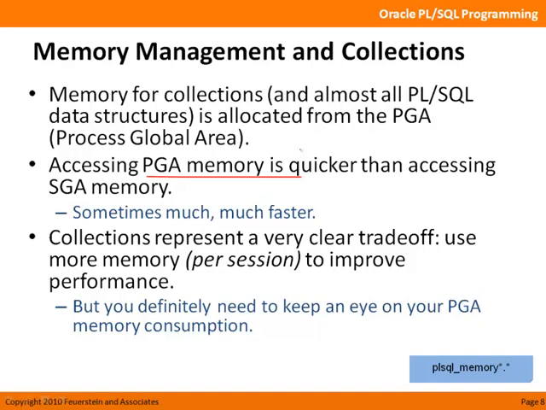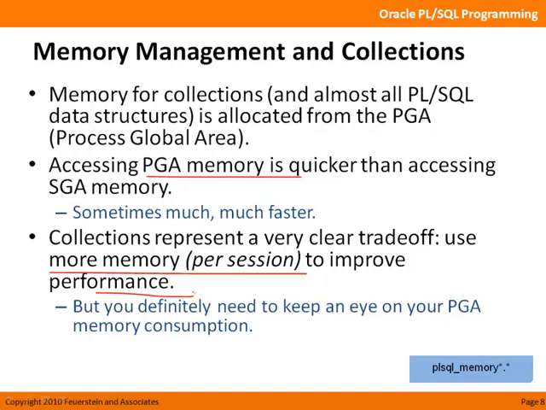As a result, the performance improvements that you get with collections represent a very clear and a very common trade-off. You use more memory per session to improve your performance. So instead of using a shared memory area for all your different sessions connected to your database, therefore minimizing the amount of memory but increasing the overhead, the CPU time to get things done, we can essentially draw down copies of data into our different processes and then work with those process specific memory areas much more quickly, but use more memory.